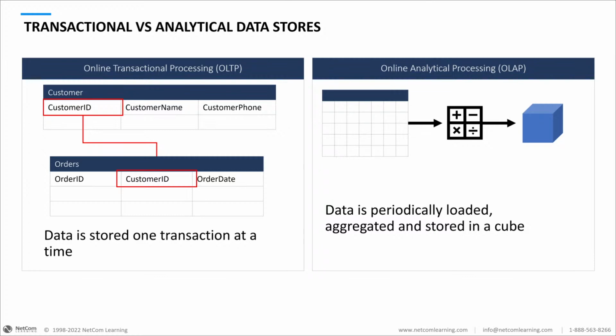So if you have a sales desk and somebody calls in and places an order, that order will get written to the online system, the live system, and this is using what is referred to as transactional processing. These transactional processes are how data is stored based on each transaction, one at a time.